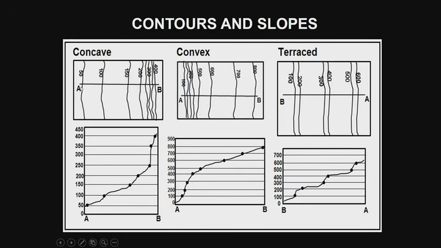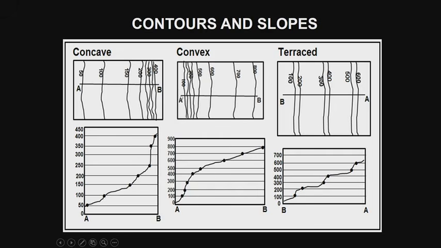So when we have in the lower parts of the slope further apart contour lines, gradual slope, and then becoming steep in the upper part of the slope, we have what we call a concave slope. The opposite of that obviously is a convex slope. Notice here, 100 on this side, 800 on that side, so my altitude is increasing that way.